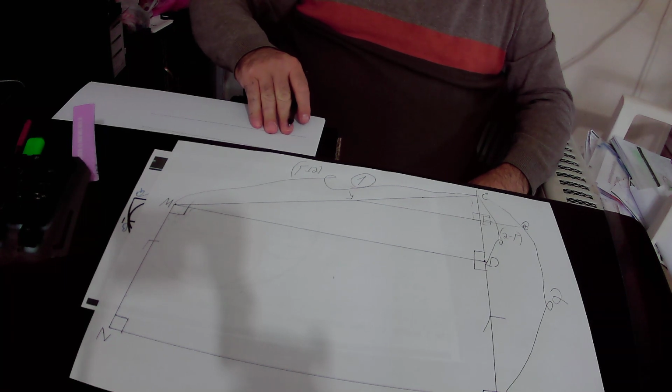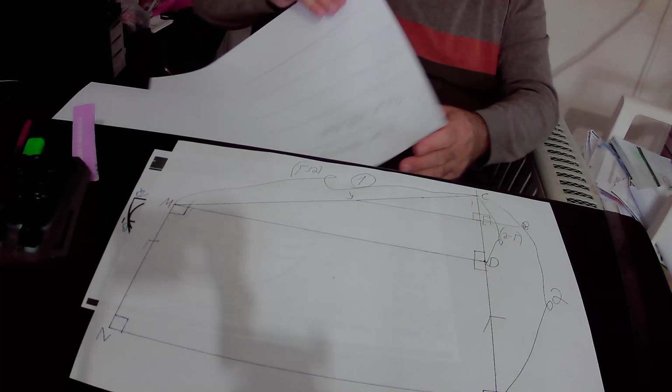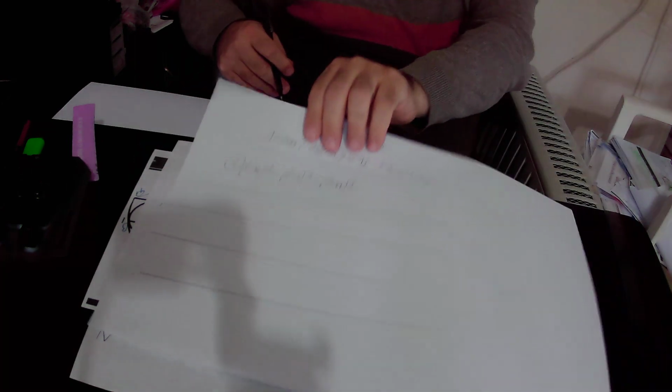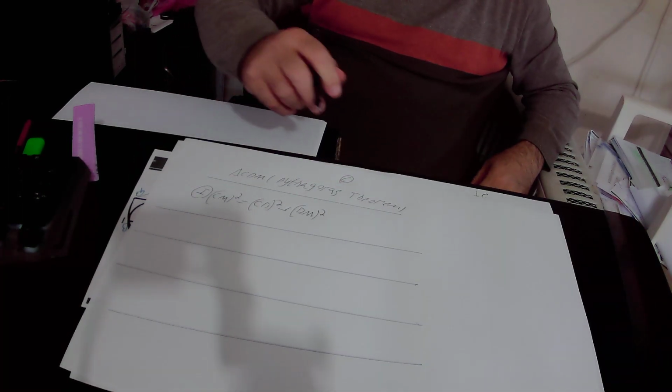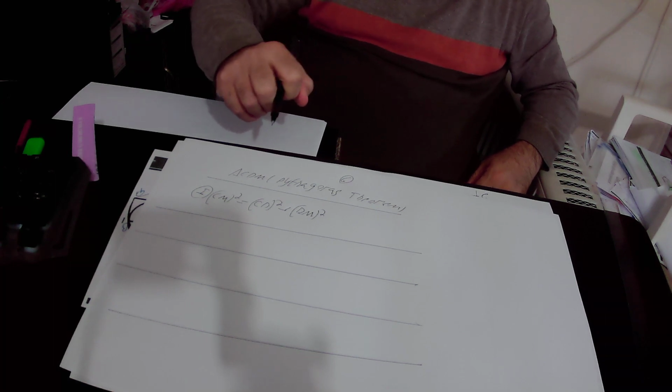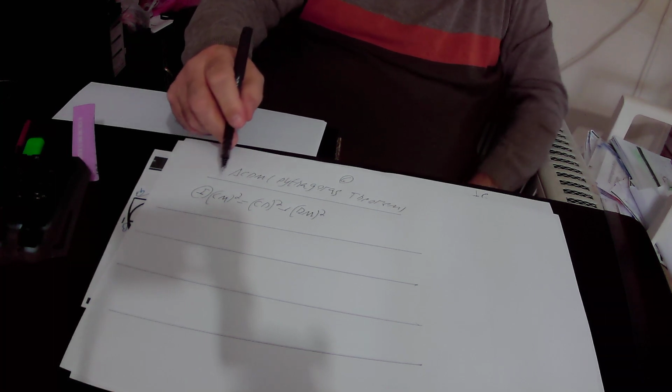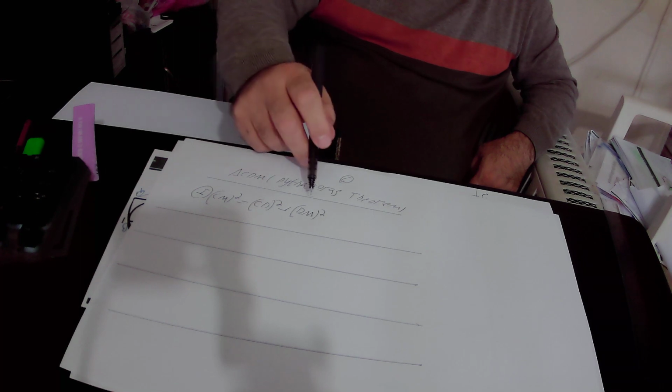So in the right triangle CDM, according to the Pythagoras theorem, the square of the hypotenuse equals the sum of the squares of the perpendiculars, that is to say CM square equals CD square plus DM square.